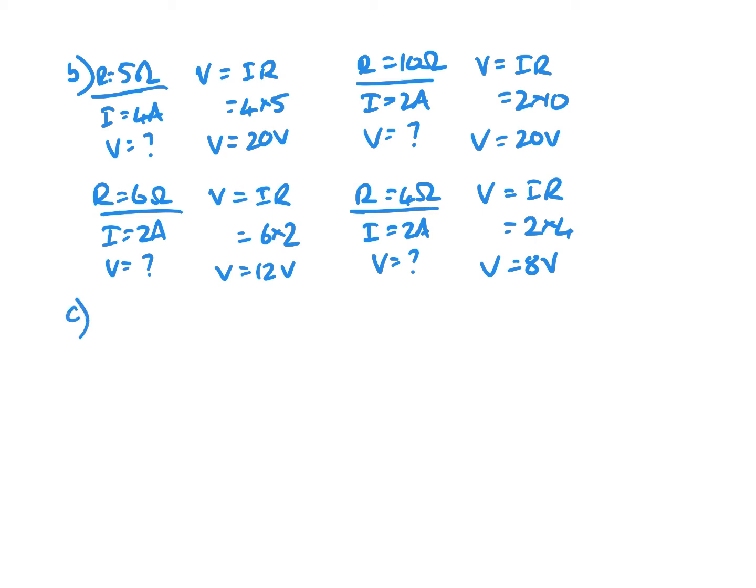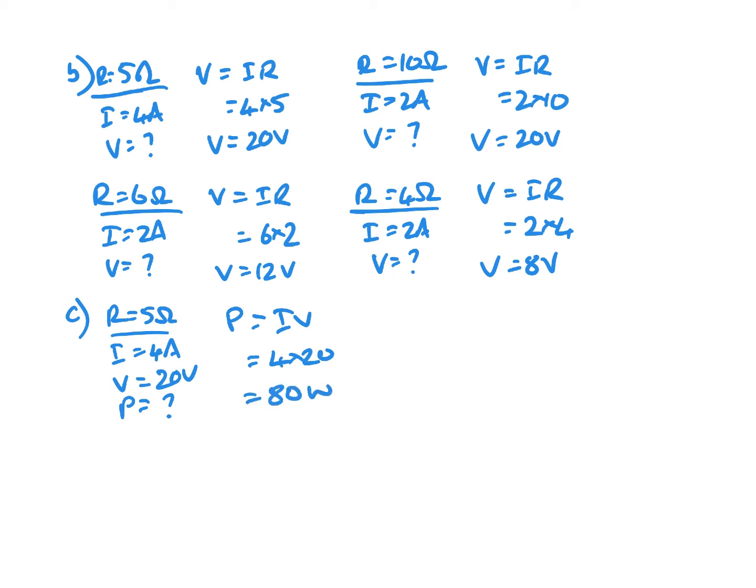So the simplest power formula I would tend to use then is P equals IV, but you can do it any way you want. You can do I squared R, you can do V squared over R. So for R equals 5 ohms, then I is 4 amps, V is 20 volts, it's 80 watts.